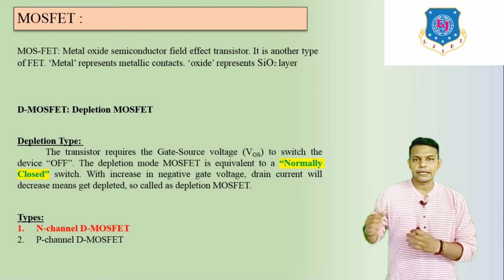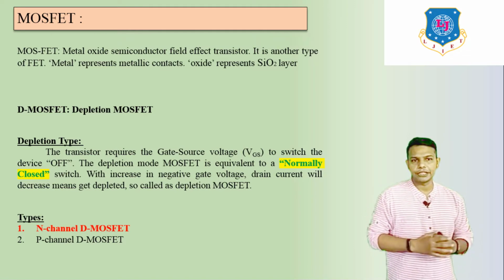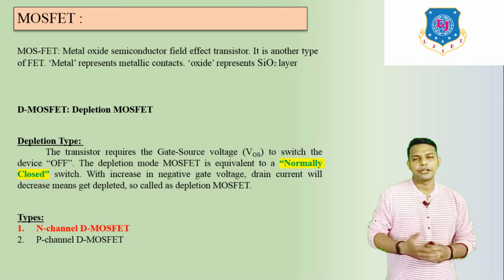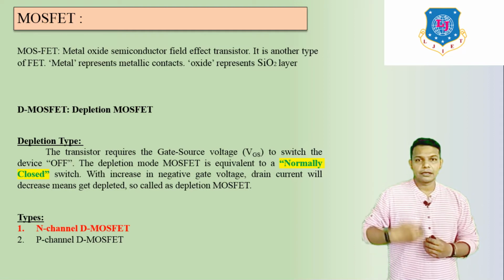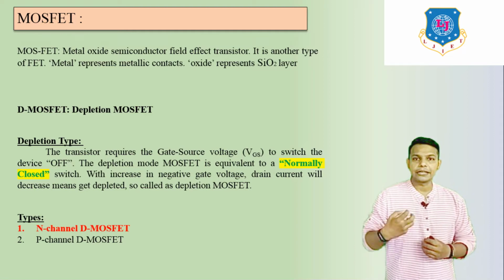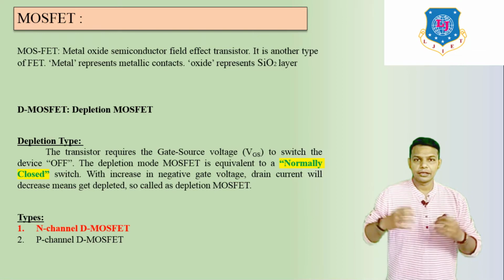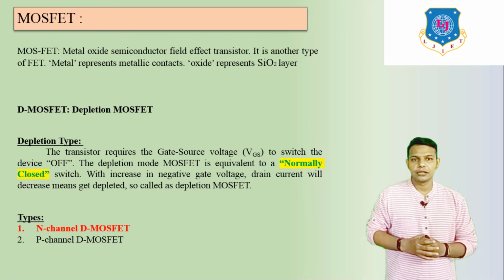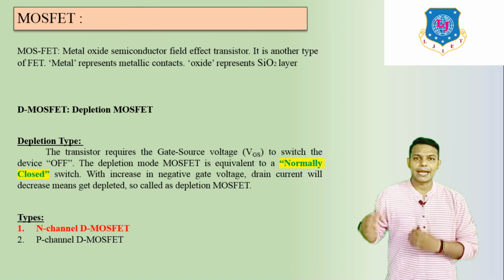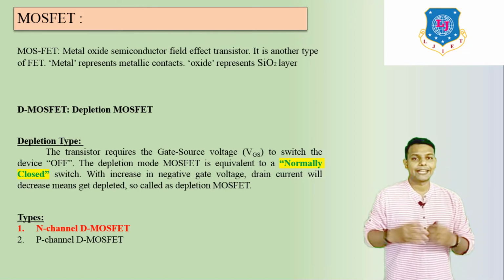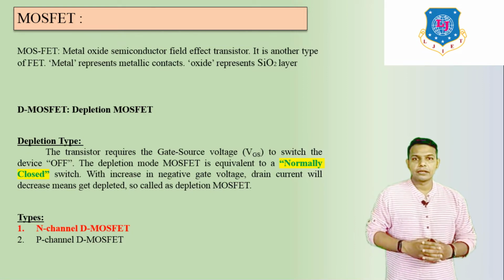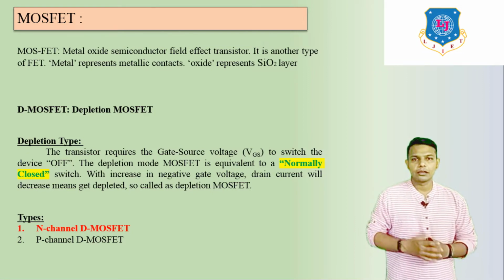With an increase in negative gate voltage, drain current will reduce. That means depletion is penetrated into the channel, and due to this depletion region it is known as depletion MOSFET, or D-MOSFET. The D-MOSFET is divided into two parts: number one, N-channel D-MOSFET, and number two, P-channel D-MOSFET.